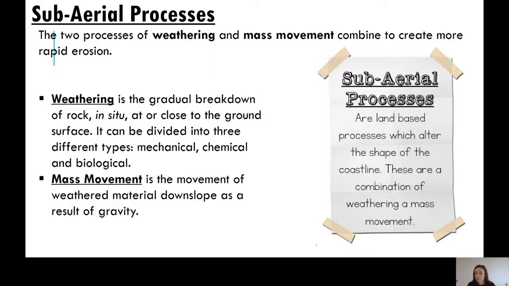Weathering is the gradual breakdown of rock in situ, there and then, or close to the ground surface. It can be divided into 3 types, and I'll go through that quickly now. And you also have mass movement, which is the movement of weathered material downslope.